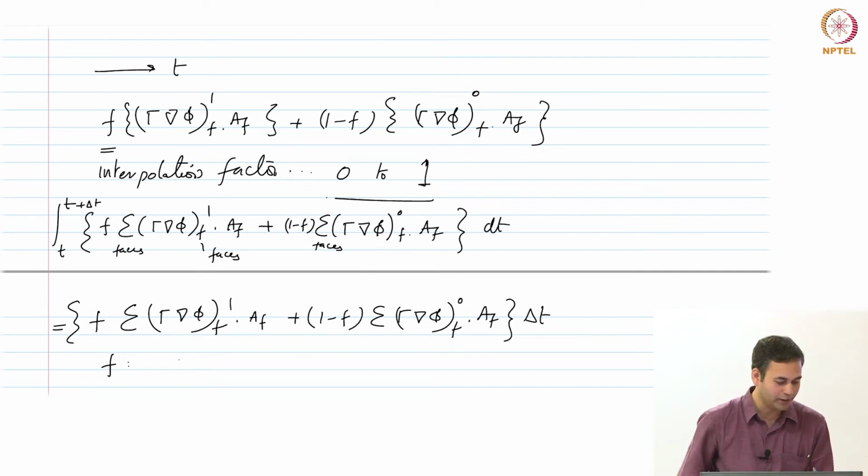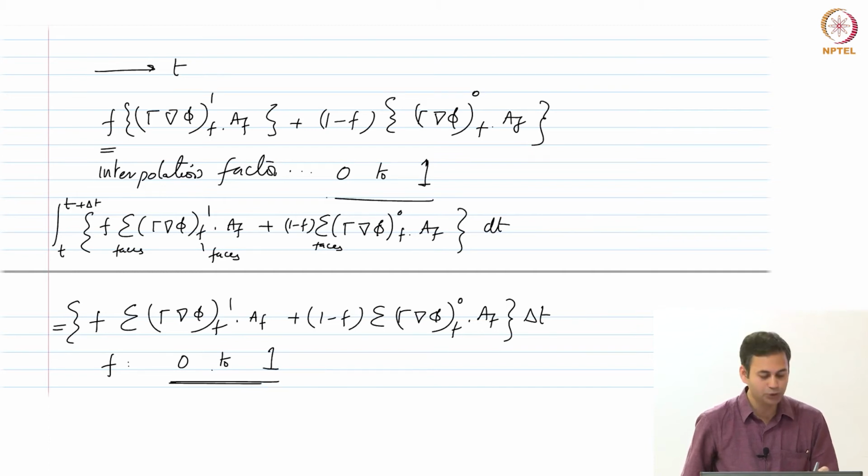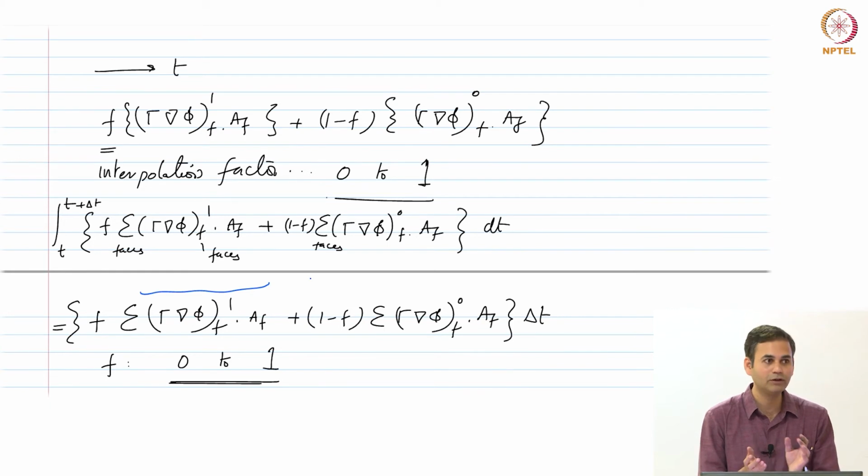As of now, I would say f goes from 0 to 1 and depending on the value you choose, you will get something here. Of course, we do not know the value at 1. For example, this term I have written down, but I do not know this value, because it is something that I have to calculate from 0. So, as of now, f is some factor which will relate these two.